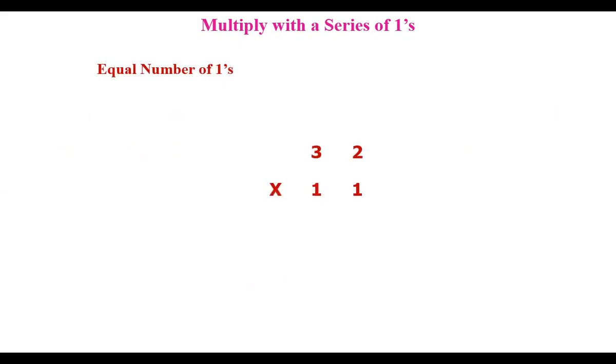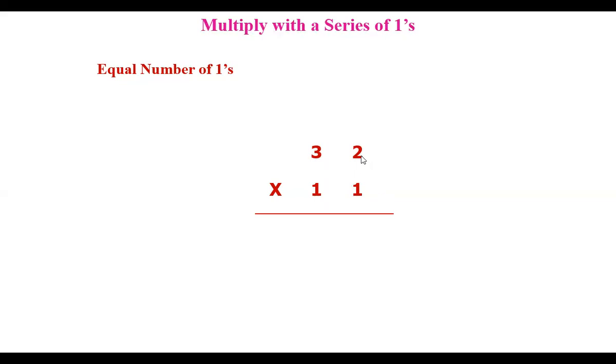So we'll take an equal number of ones first, when both the numbers have the same number of digits. So here we have 32, 2 digits, multiplied with 11, which also has 2 digits. We start with the top number, the rightmost. We start with one number, and we go on adding adjacent numbers, and the number of numbers to be added depends on the number of ones here.